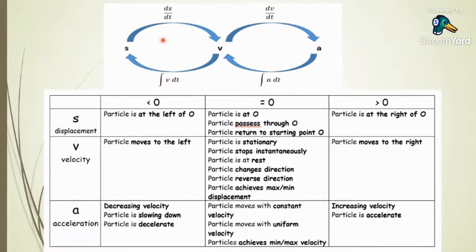So kita akan tengok kalau from displacement to velocity, kita differentiate. From velocity to acceleration, kita pun differentiate. And then kita tahu differentiation dengan integration ni dia opposite of each other kan. Kalau ke sana dia differentiation and then when you come back it will be integration.